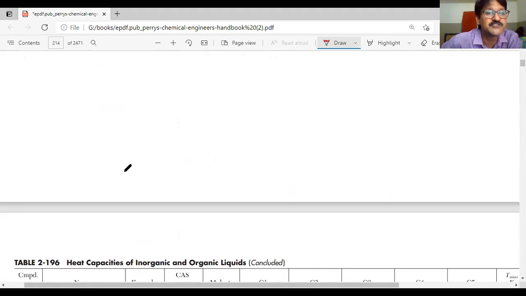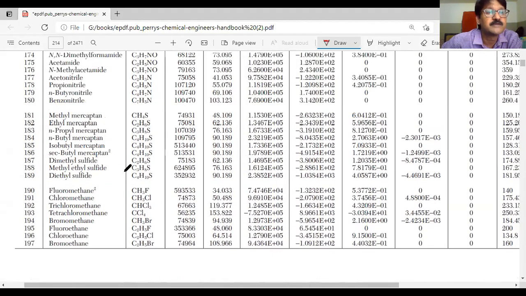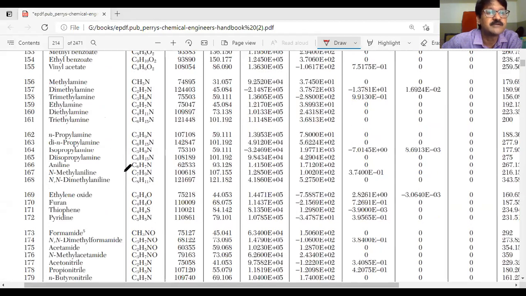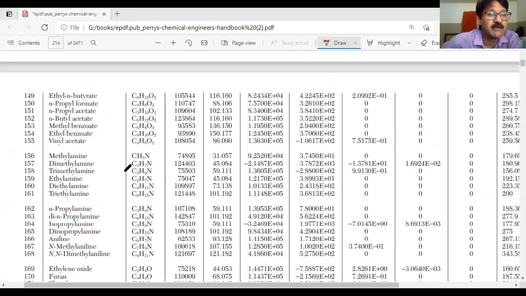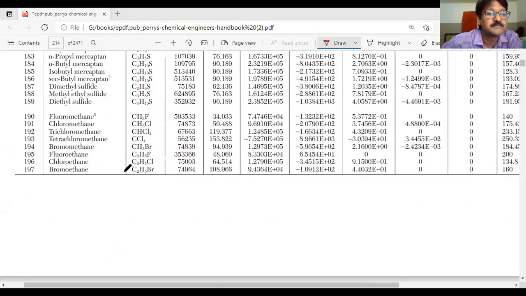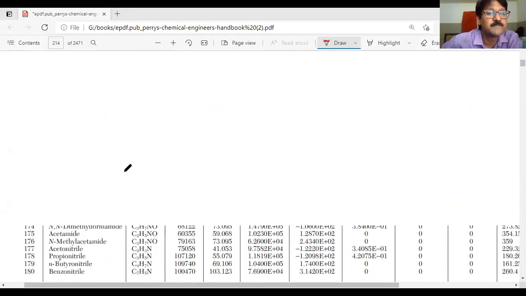So you search for toluene. Where is toluene?